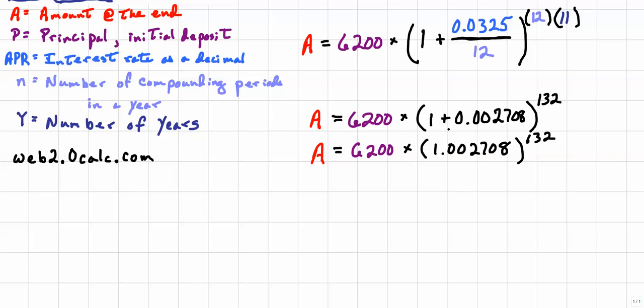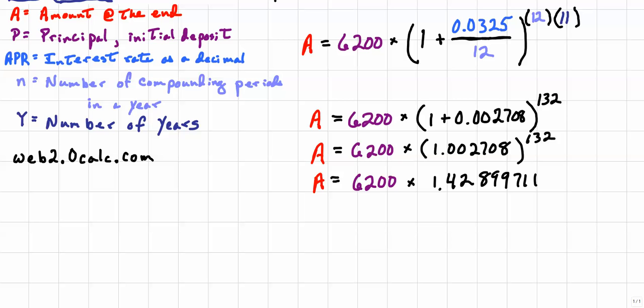At this point, I've added these two and gotten 1.002708, which I will then put into my calculator and raise to the 132nd power, and we'll end up with this value right here, 1.428999711.